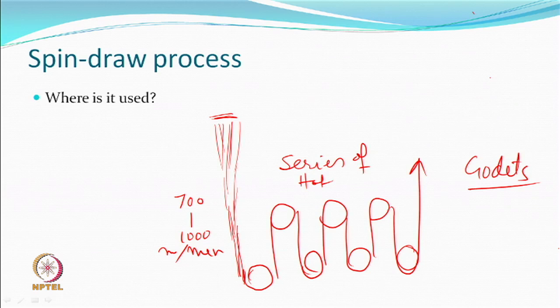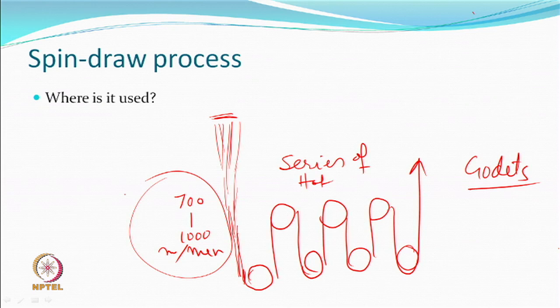Where? So before we go a little further, just an attention. You have a spinning process which we saw, high speed spinning. High speed spinning means at 3500 you get POY, at 6000 you get fully drawn yarn, so on and so forth. But there is a process which we call a spin draw process, which spins at a relatively low speed.